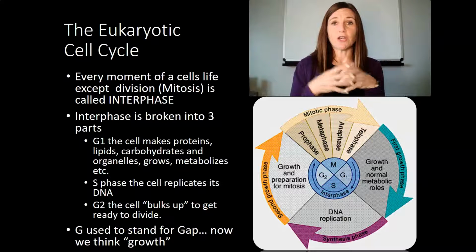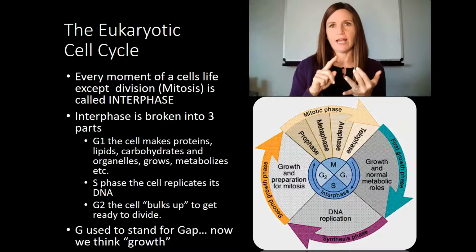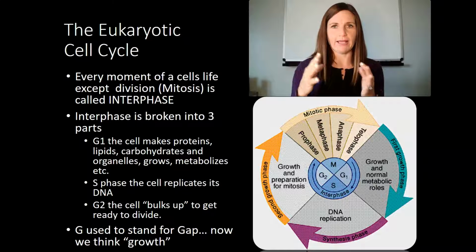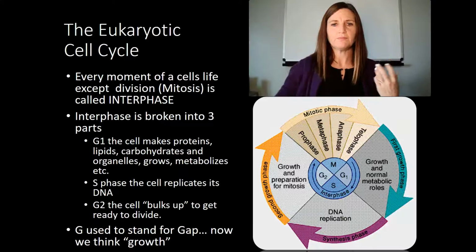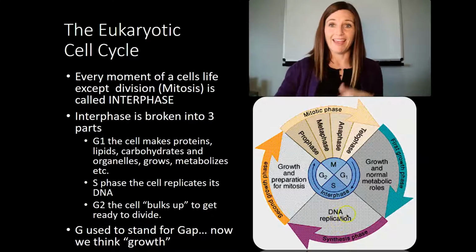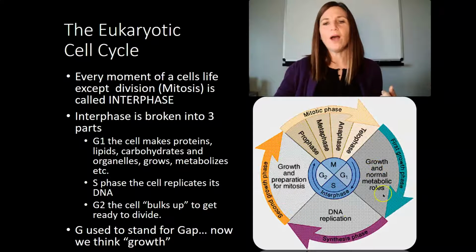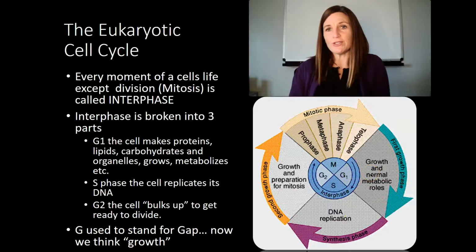And so the cell's going to try to grow real big, and it's going to double its mitochondria and its Golgi and its smooth ER and its rough ER and all the organelles that it has. It's going to double those up, and it's going to get ready to divide them. And then in mitosis, it will go ahead and divide everything that it doubled in the S phase and G2. So in S and G2, we're really getting ready for division. But in G1, the cell is just going through its normal everyday life.